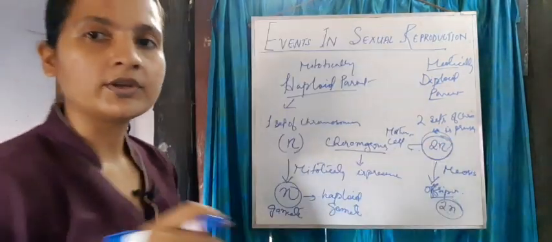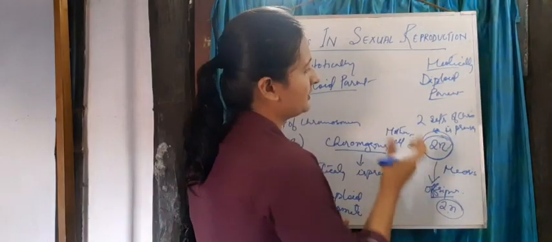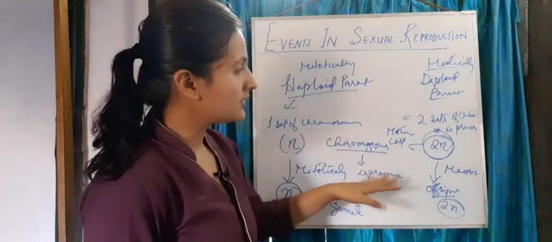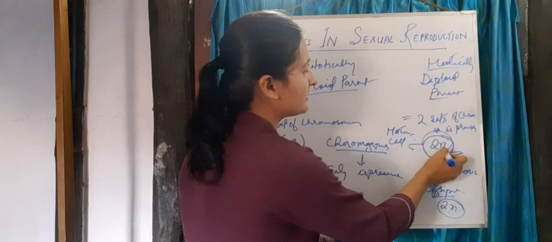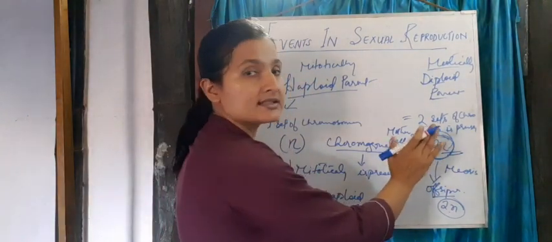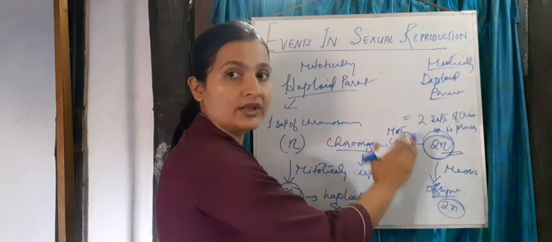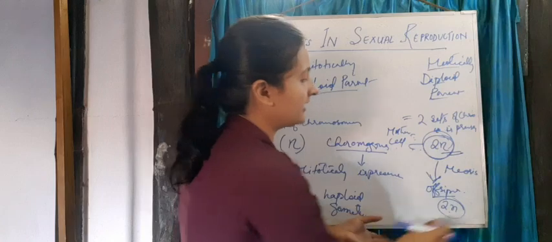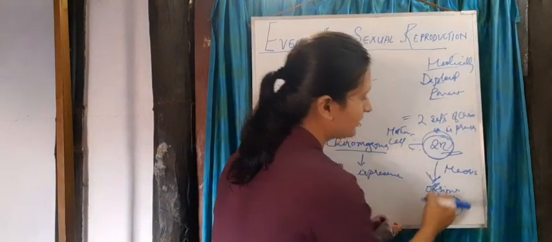Now we are talking about the diploid parent. They possess two sets of chromosomes, and two sets means twice n. It is represented by twice n. And this cell is called the mother cell, which undergoes division by the process of meiosis, and it gives rise to haploid organisms.